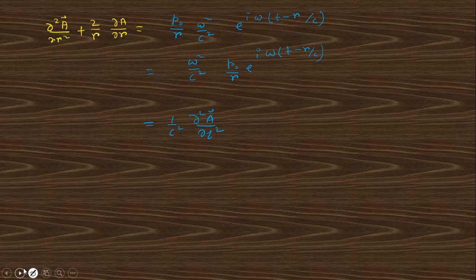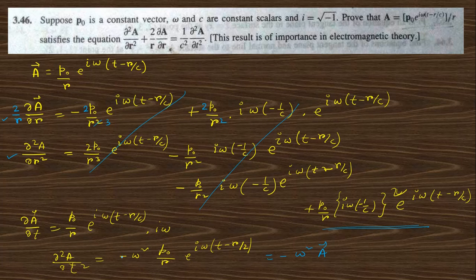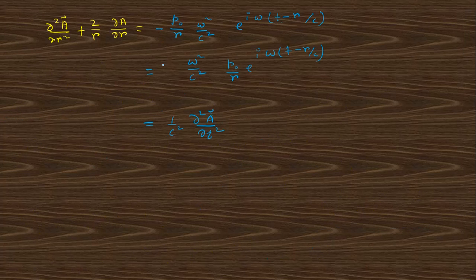I think there is a mismatch of minus; there should be a negative sign in this expression. This minus must be included. This is a whole square, so i square gives you a minus sign. Right, there is a minus sign.